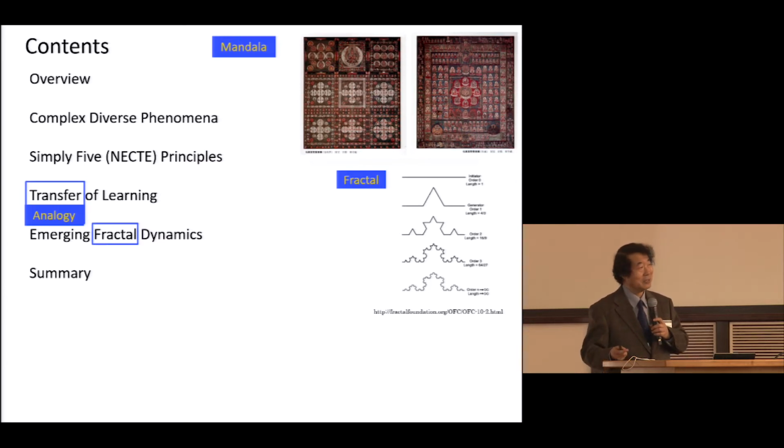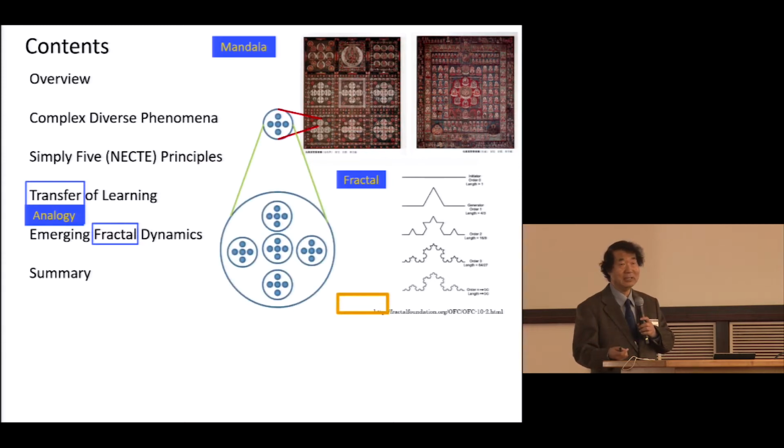It is believed that mandala are analogous to mind processes or universe evolutionary processes. If we look at mandala in detail, we can see again self-nested structures just like fractals. It's amazing.